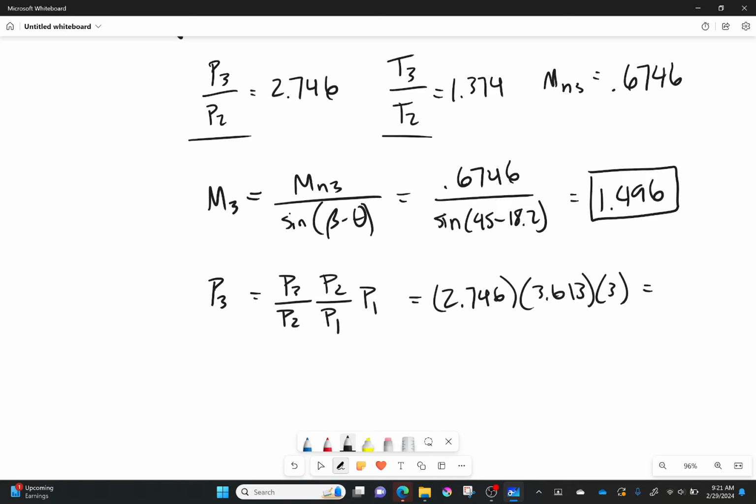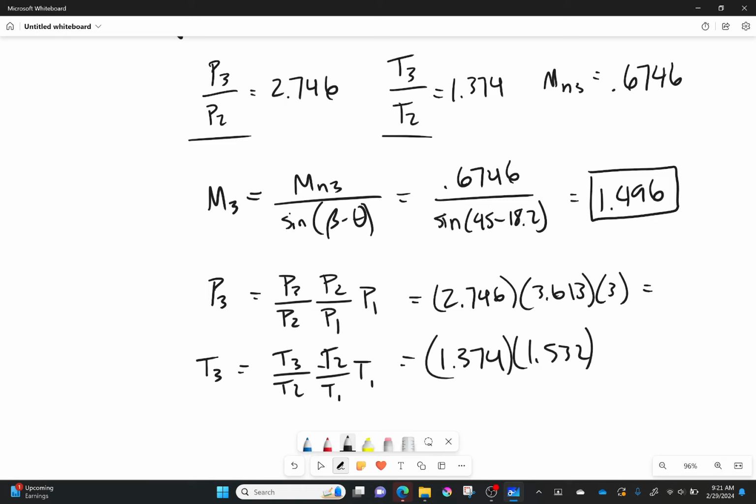Okay, and I'm just going to get the calculations both at the same time. I'll write everything out first. So T3 over T2 times T2 over T1 times T1. That's going to be equal to 1.374 times 1.532 times 570 Rankine. Okay, now let's plug both those in a calculator and see what we get here.